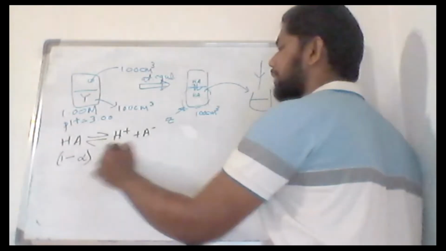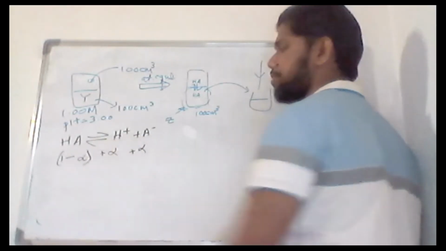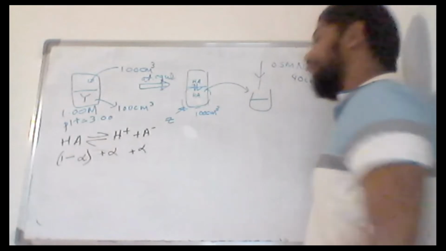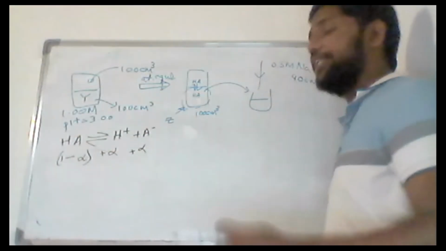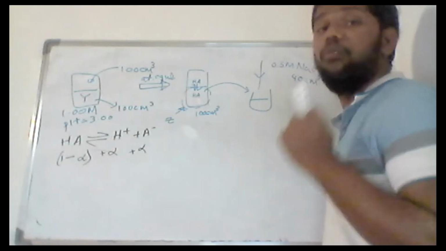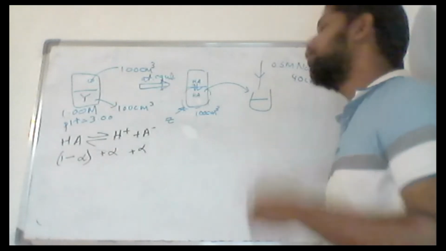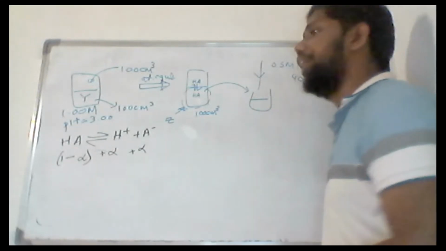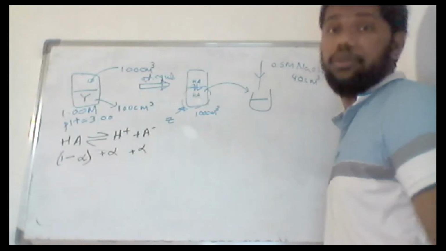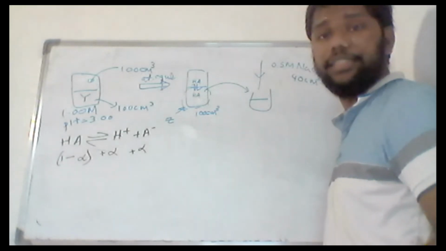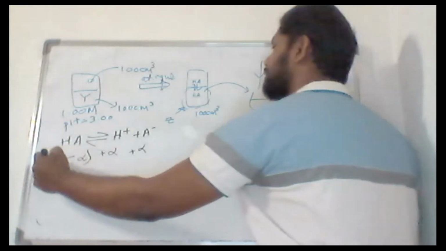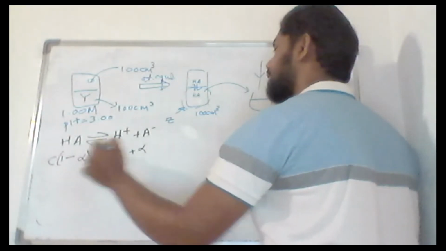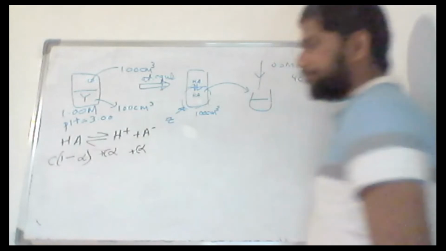And this is alpha, and alpha, for H plus and A minus. This is the number of moles that is going to be dissociated from 1 mole. To find how much in terms of concentration, you need to multiply by the concentration of the acid, which is C. So here this will be C alpha and this will be C alpha.